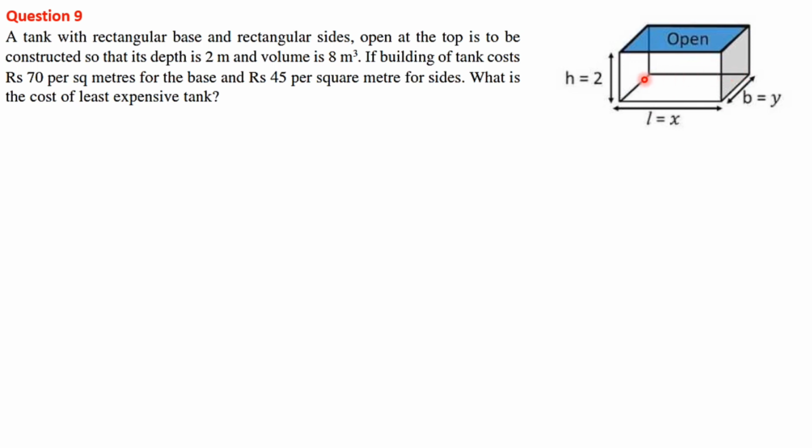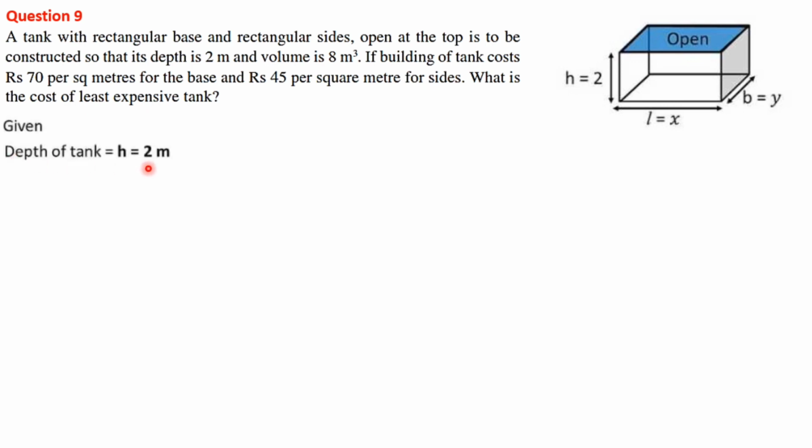Here construction cost is rupees 70 per square meter, and there are 4 walls. For the sides it is mentioned as rupees 45 per square meter. Sides means the portion of the 4 walls. Here what is the minimum cost? That is, the minimum cost or least expensive tank. That is the question.